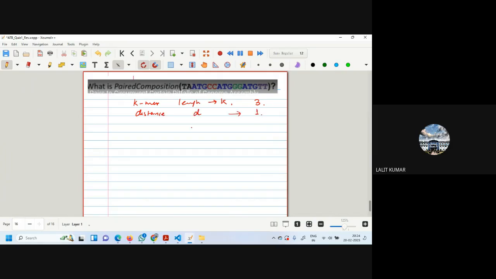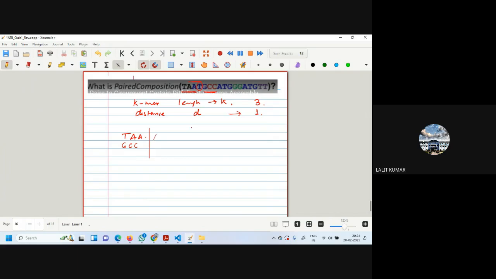And how do we make those k-mer pairs? For example, we take TAA. This is D1, so we leave this gap and take the next k-mer, GCC. So this is one pair, TAA and GCC. Second, now we slide the window.